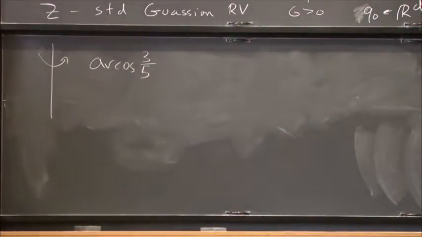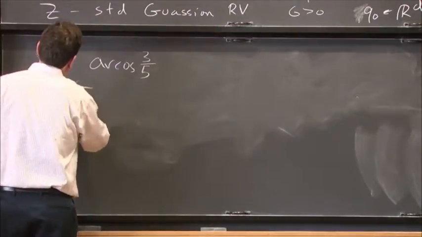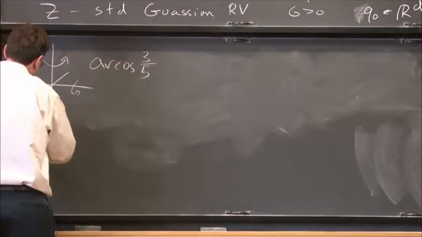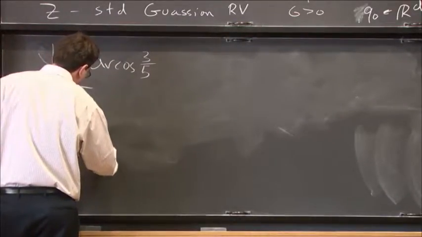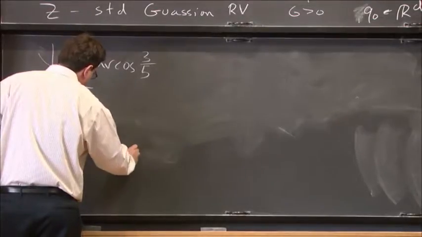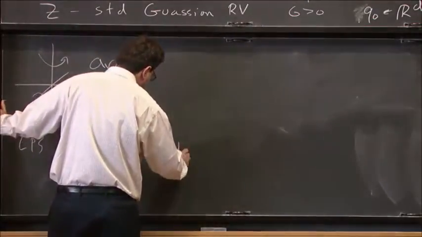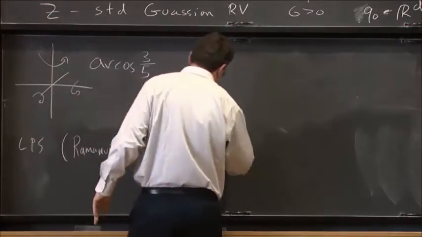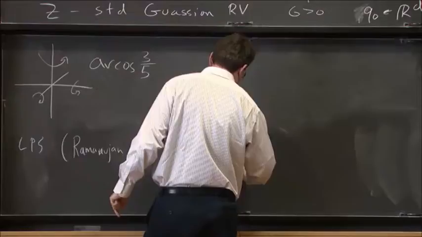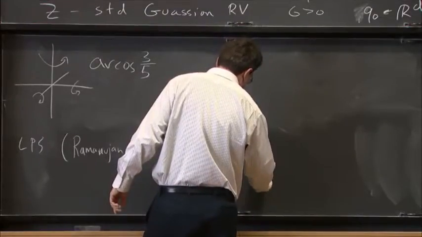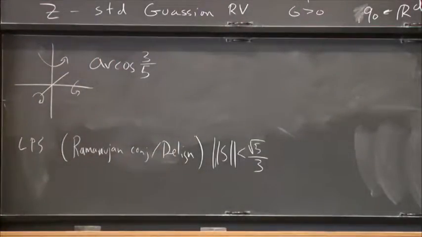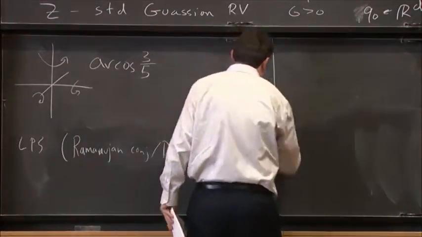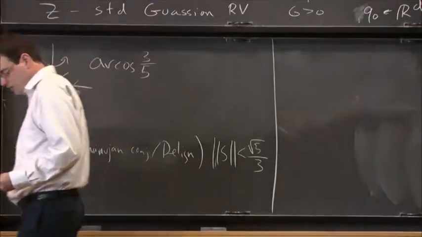This is Lubotzky-Phillips-Sarnak, which basically builds on a proof of the Ramanujan conjecture by Deligne. The spectral gap in this case is something very explicit, square root of 5/3. So there are cases where there's a pretty handsome, one can say optimal, spectral gap.